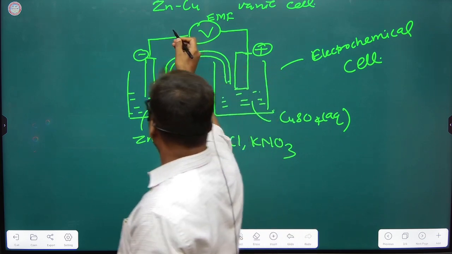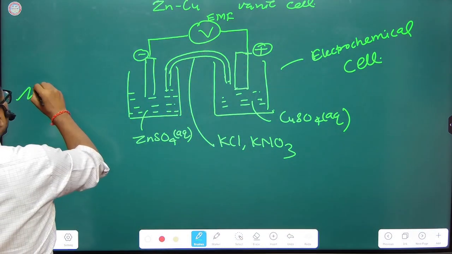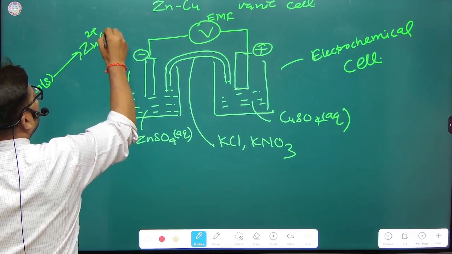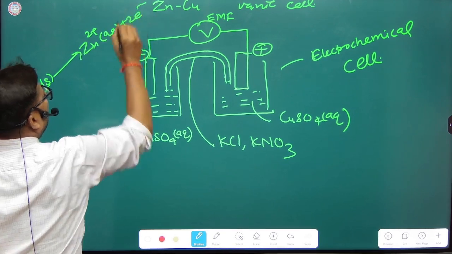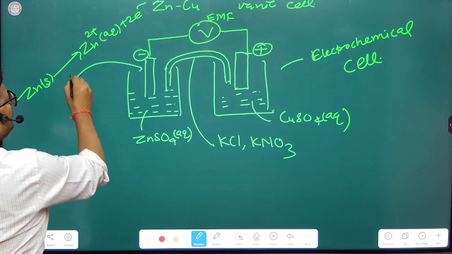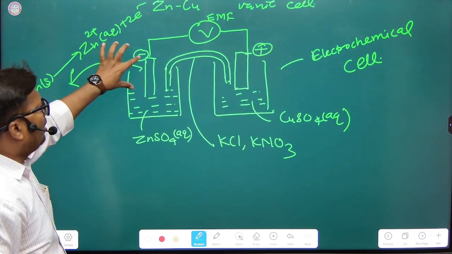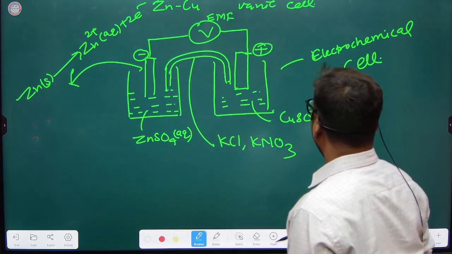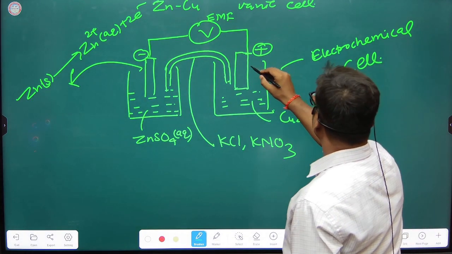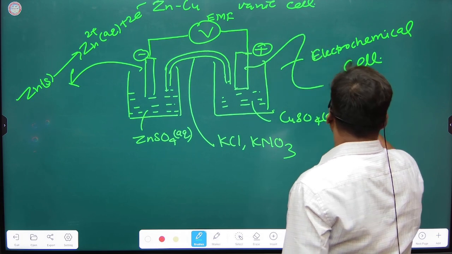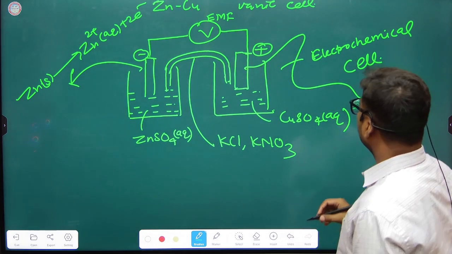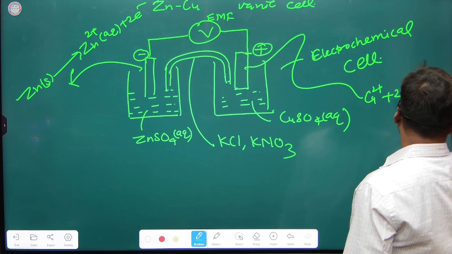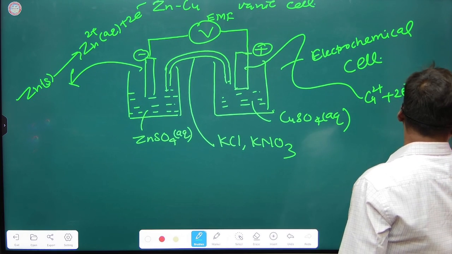So zinc is getting oxidized: Zn solid is oxidized to Zn2+ aqueous plus 2 electrons, right, at the anode. It means zinc is dissolved and goes into the electrolyte solution, right? The cathode is positively charged and is responsible for the reduction reaction. So Cu2+, right, receives 2 electrons and is converted back to Cu solid.